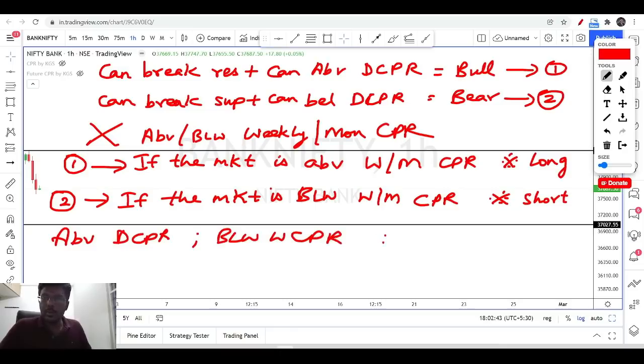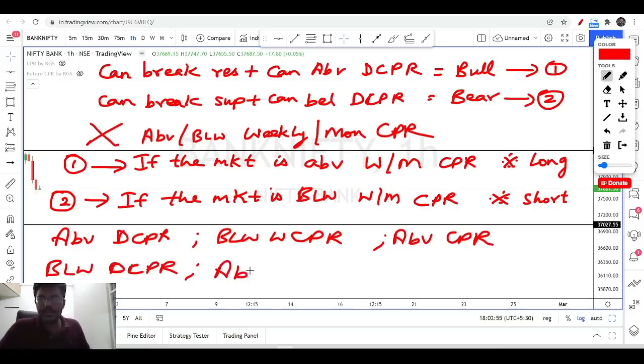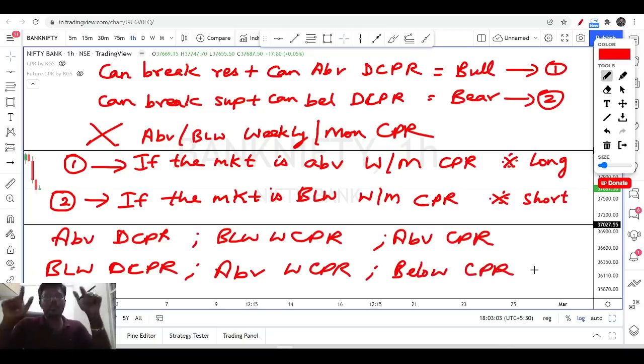The candles are above monthly CPR. Okay, and similarly the candles are below daily CPR, the candles are above weekly CPR, the candles are below monthly CPR. Like this, a lot of confusions will be there for you.